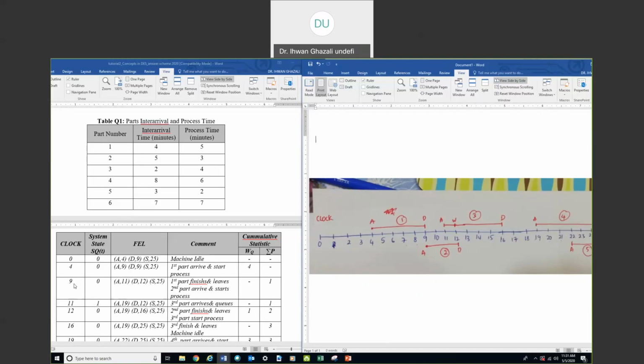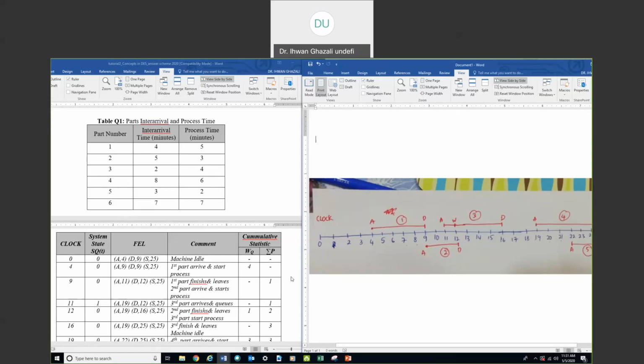And then the next is the process for part number 3, the product will be processed, for the future it is 2. Why 2? Because here 2, and why here is 11? Because the process starts from 9, then 10 and 11.